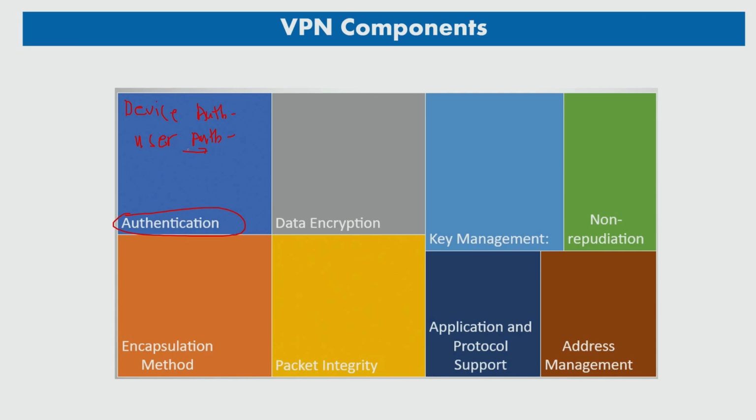Depending on the VPN implementation type, the VPN may perform both device and user authentication in some cases. So here, a username and password or a digital certificate are required for user authentication. The password for the former could be a one-time password or a static password through the use of token cards.